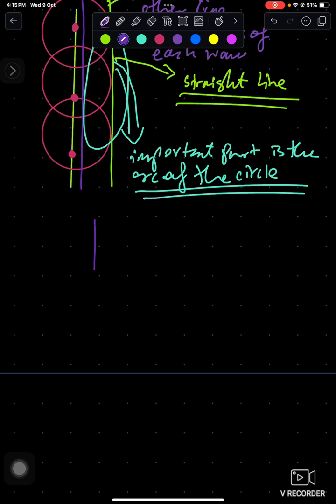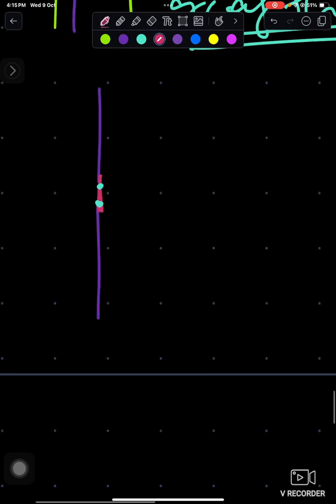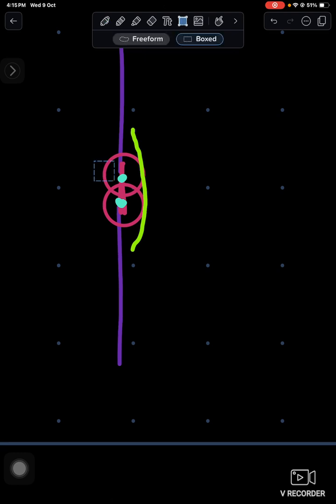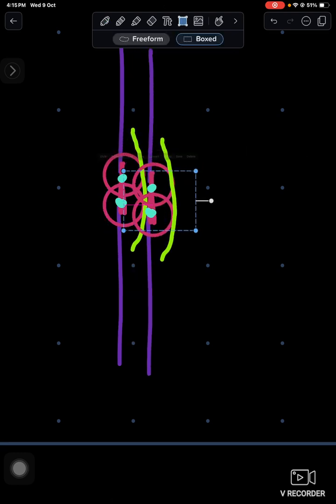But if we have a curved wave, it will look like this, like this, and so on.